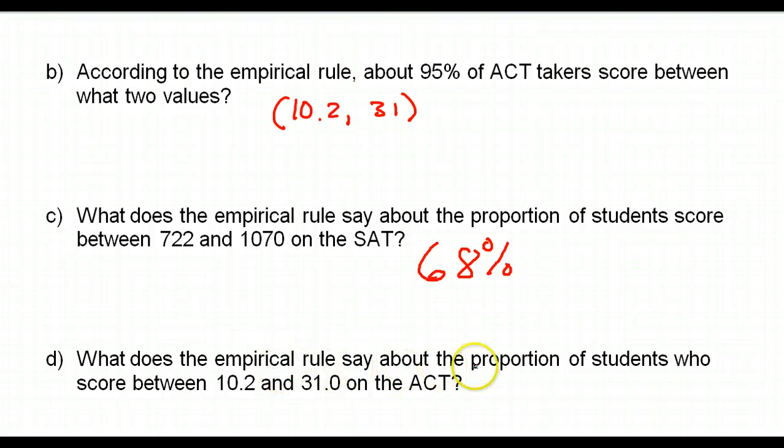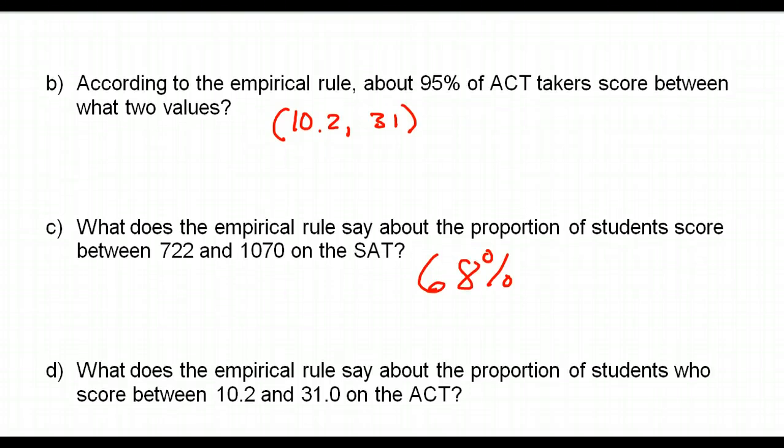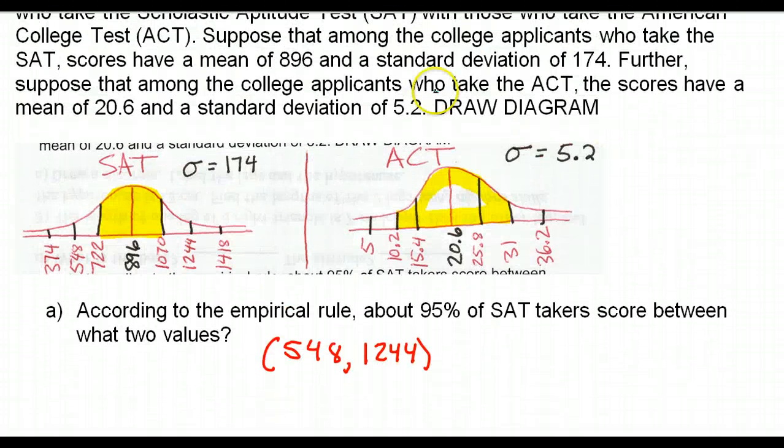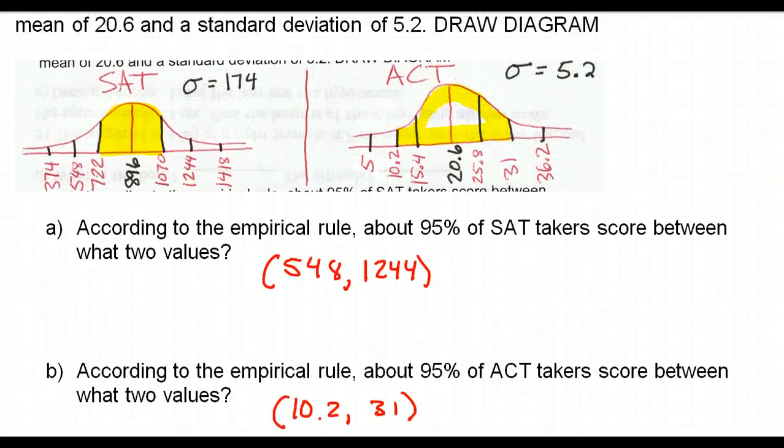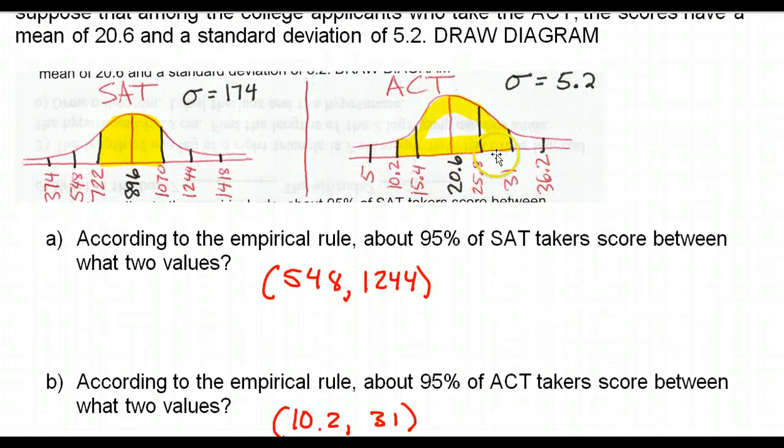What does the empirical rule say about the proportion of students who score between 10.2 and 31.0 on the ACT? Okay, 10.2 and 31.0. You know what? I might as well bring that back. I erased it and then realized it was the same thing that we just answered from up here. 10.2 and 31.